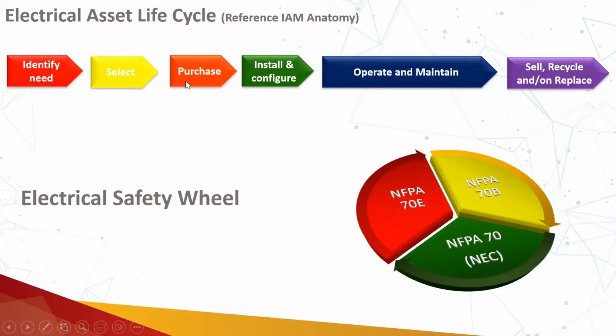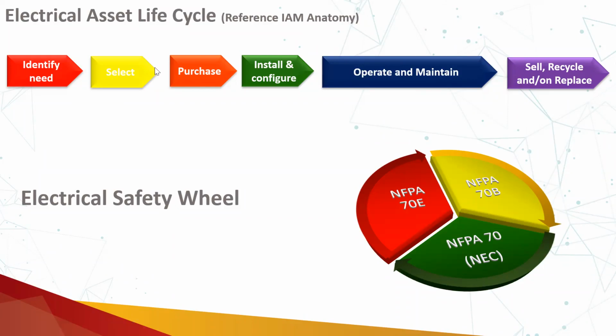You select it, purchase it, install and configure it, then operate and maintain it for a considerable period of time, and finally you sell it or recycle it. This is normally the life cycle of a particular asset, as per the Institute of Asset Management.